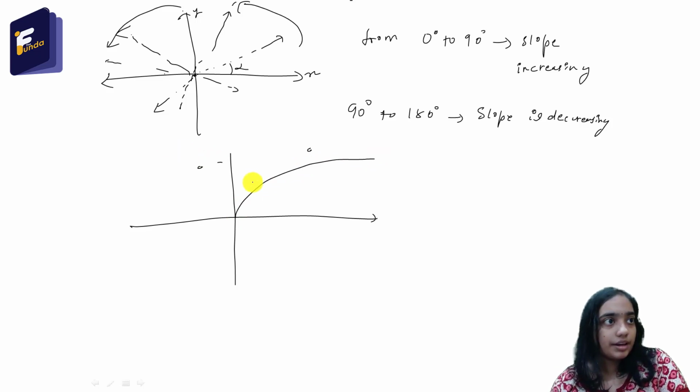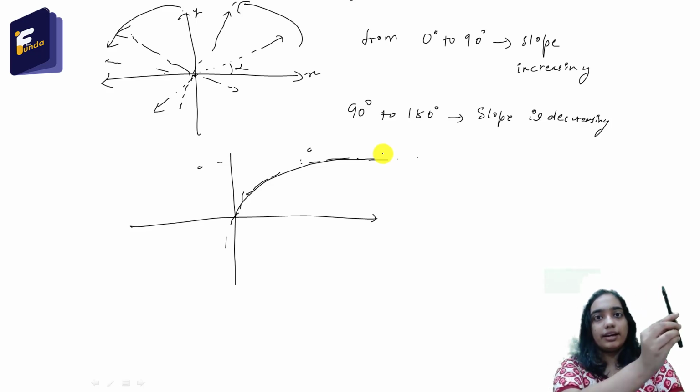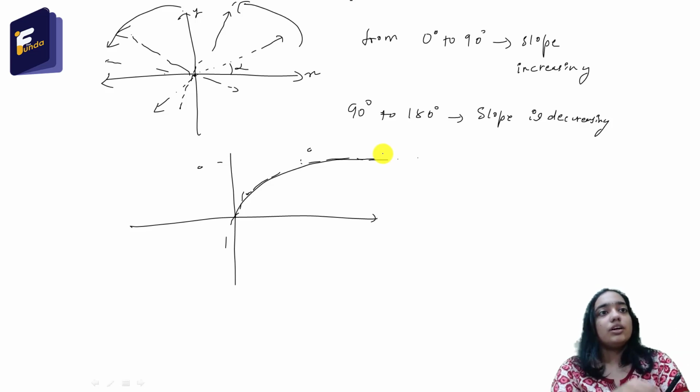Every point has a different slope. This is the tangent, this is the tangent, this is the tangent. So I have to say whether the slope of those tangents is increasing or decreasing. For drawing the tangent, first I will keep my pen like this. Means if any graph or curve is given, how can you tell that the slope is decreasing or increasing.